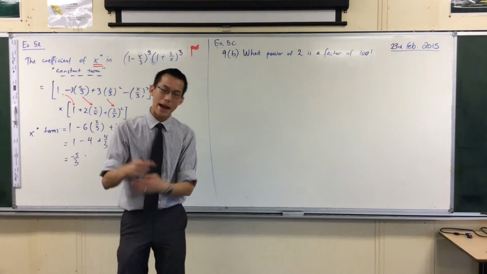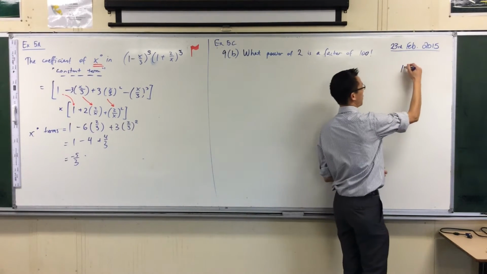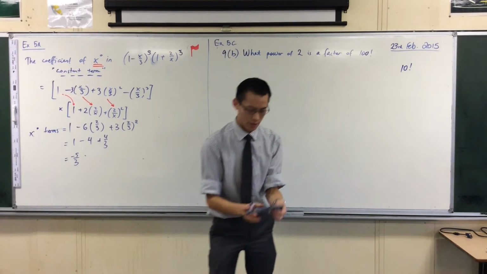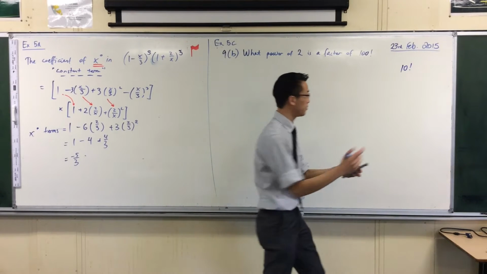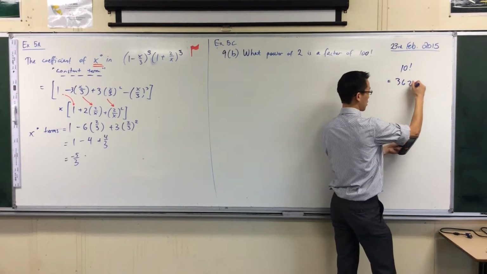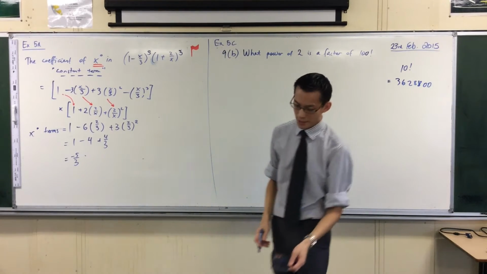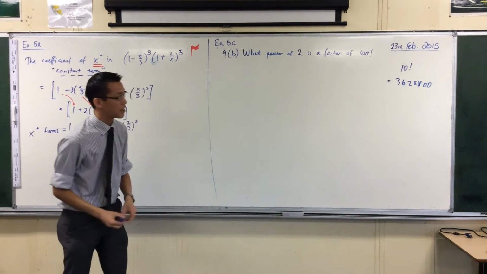Now, I want to come back to the original question, right, of 10 factorial. Okay. Now, what's this number? Let me just actually write down what the number is. 10 factorial. It's equal to this. Okay, now, this number is just barely big enough that you can work with this.